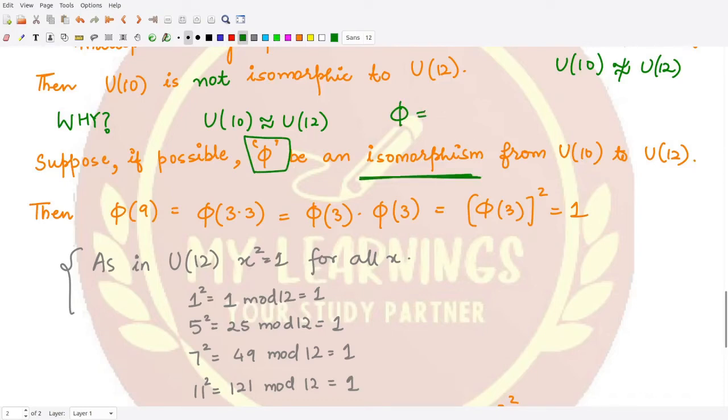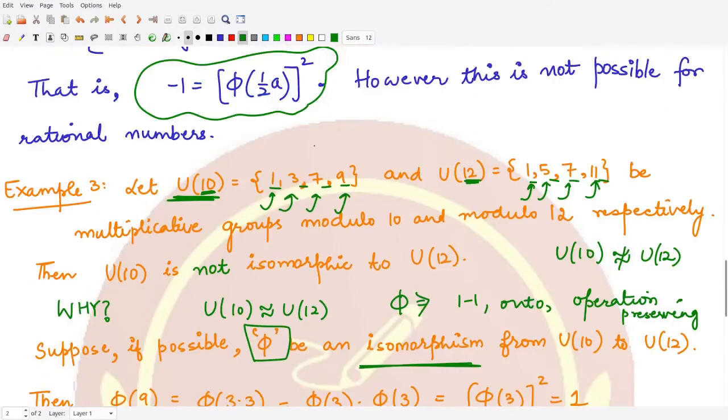That means it would be 1-1, it would be onto, and it would also be operation preserving in nature. These are all our assumptions here, right? So suppose we take phi of some element 9. 9 is an element of U10. We apply phi onto it. Now let's see what we obtain here.